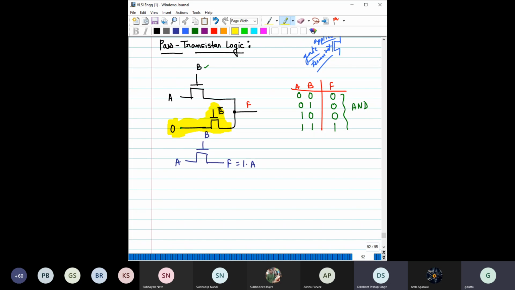So you think that my design using pass transistor logic is done. But that is actually not the correct way to do it. You have to check all combinations of A and B and see that you are getting all the required outputs for all the different combinations of A and B or not. This is just for cross checking. Anyway, this question is no longer valid because I have already drawn this circuit.